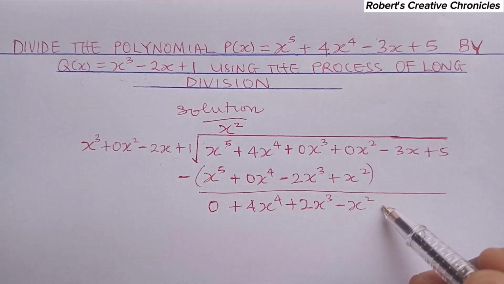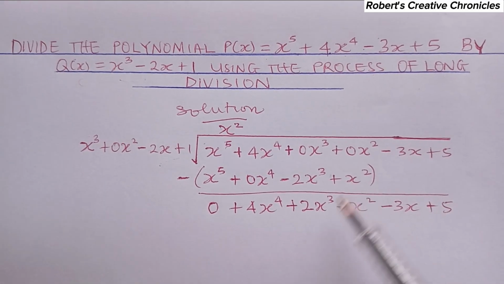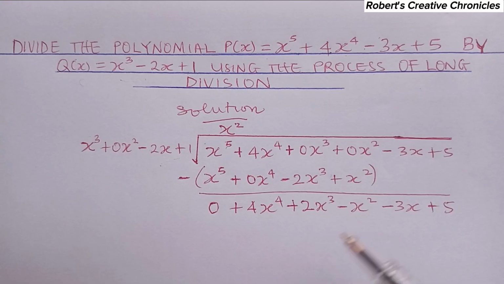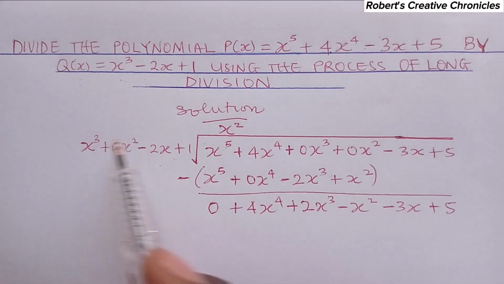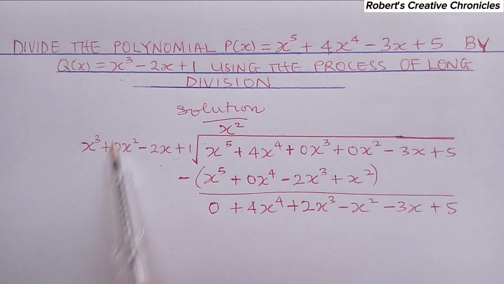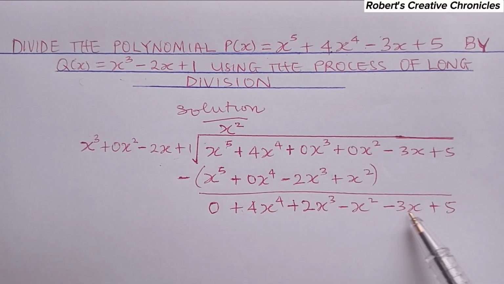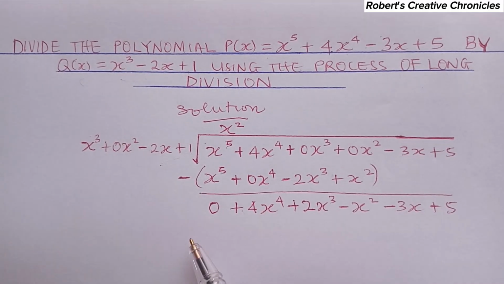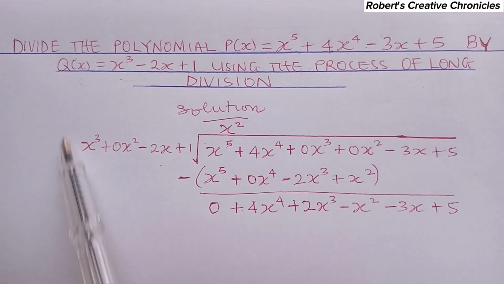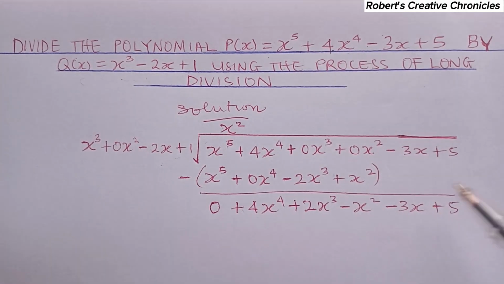Then you bring these two down: minus 3x plus 5. So again, we will divide this by this. We'll be doing this until we get a remainder whose degree is less than that of the divisor, which is this one. We can't stop before that.